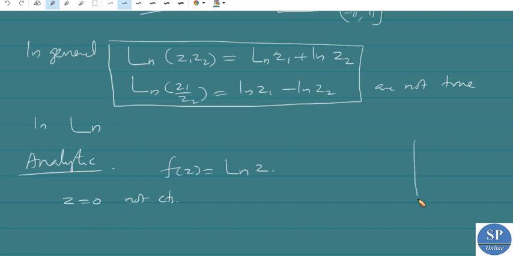So in the complex plane, at the origin, ln of z is not defined and also not continuous. Since it is not defined, it is of course not continuous.